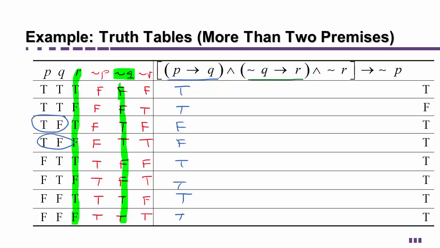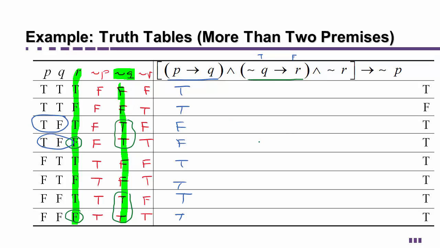Again, remember, implications are only, right, conditionals are only false when the first part is true and the second part is false. So that will only happen when the first part is true, and then from those, okay, this one's false, and this one's false, right? Those are the only time when the whole thing is false.